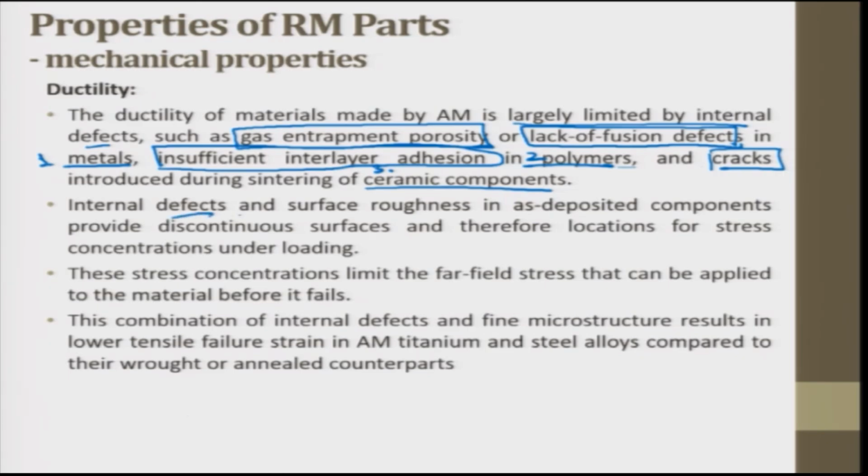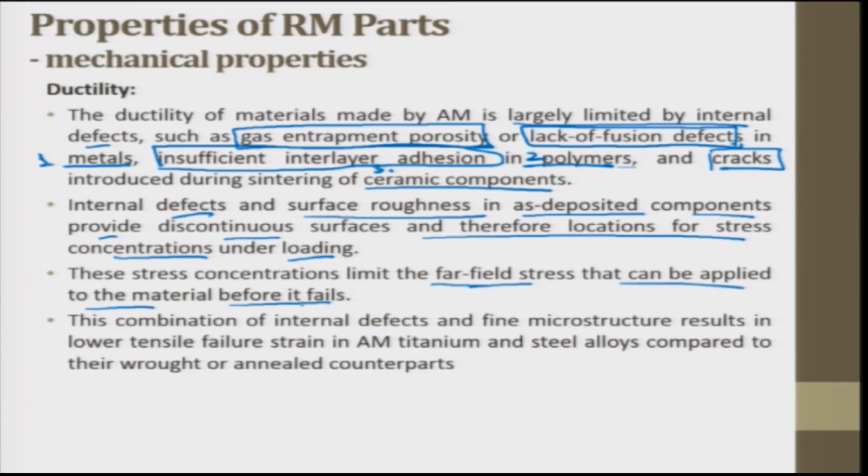Internal defects and surface roughness in as deposited components provide discontinuous surfaces and therefore locations for stress concentrations under loading. These stress concentrations limit the far field stress that can be applied to the material before it fails. In metallic materials, lack of fusion results in long, sharp pores, which locally amplify the stress in the components.